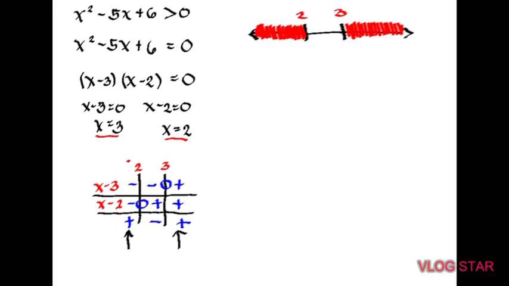That's why the left side of 2 in this number line is shaded. It means that all of the numbers on the left side of 2 are solutions to our quadratic inequality, as well as the numbers on the right side of 3, where the positive sign is.